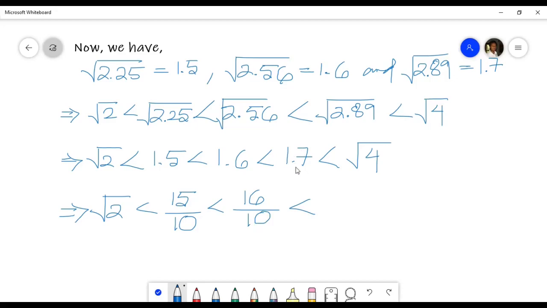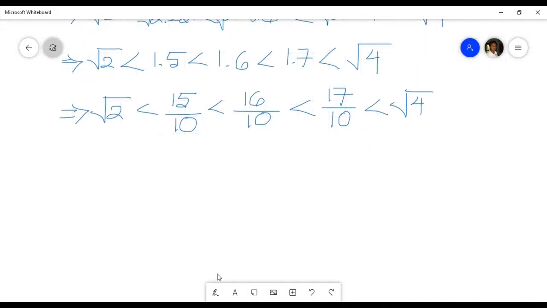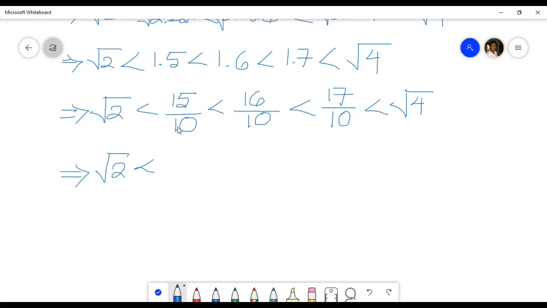We're just moving the decimal places to the denominator side. I'm sure that you know this form of calculation. So between root 2 and root 4 we have found these numbers, and we can simplify these fractions. We can cancel 15 and 10: 5 threes are 15, and 5 twos are 10, so we're left with 3 by 2. 16 by 10 also can be cancelled: 2 eights are 16, and 2 fives are 10, so we're left with 8 by 5.